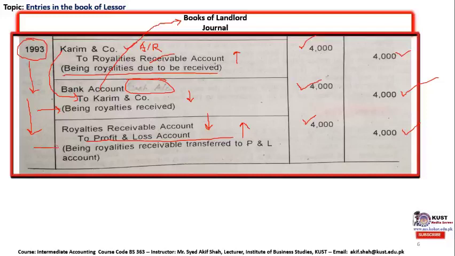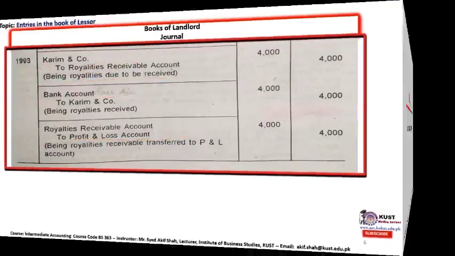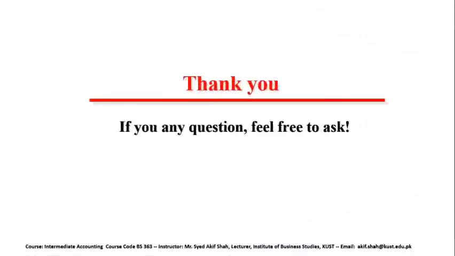And then we mentioned the short narration in brackets, like being royalties receivable transferred to the profit and loss account of the company. So basically, the books of the landlord or lessor are totally the reverse of what we have discussed in the lessee's books of account. So this was all about how to record our journal entries in the books of the lessor or landlord.